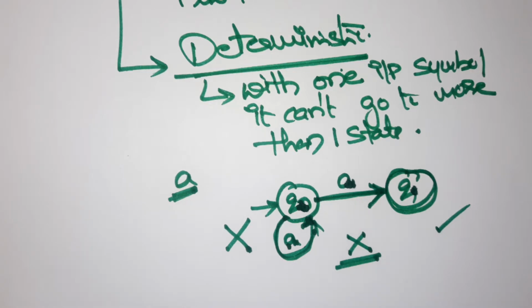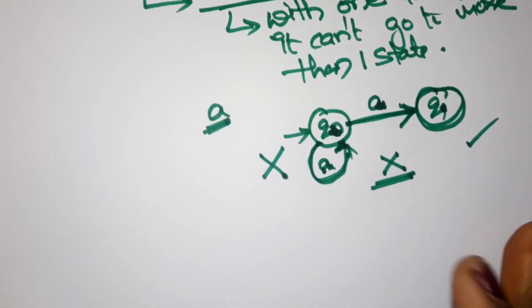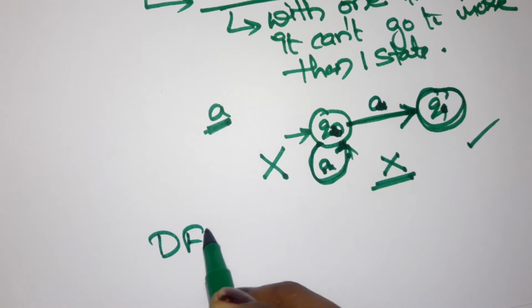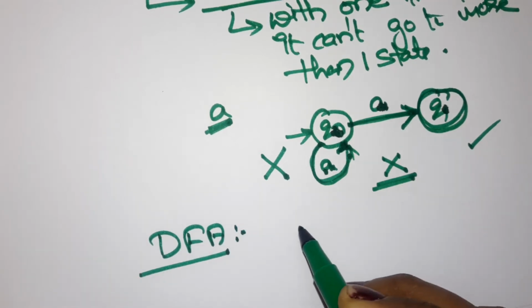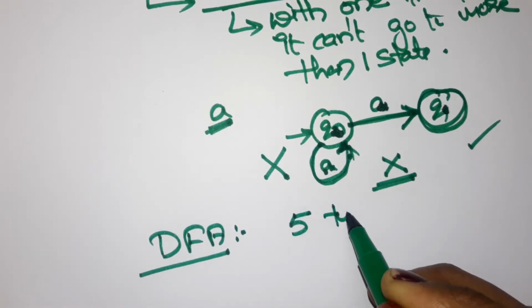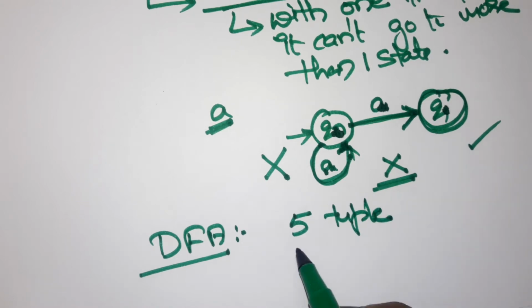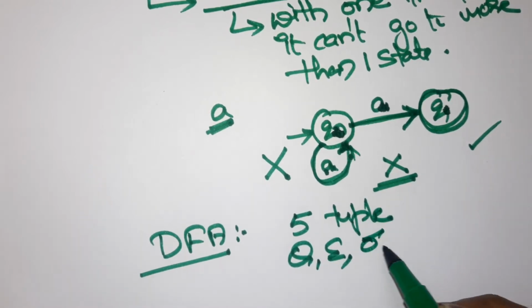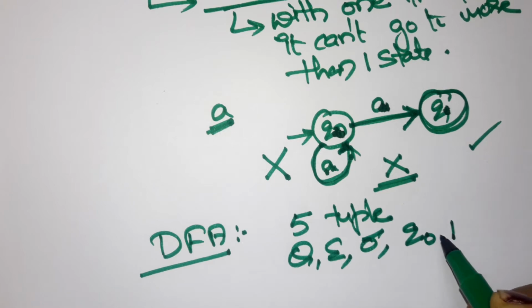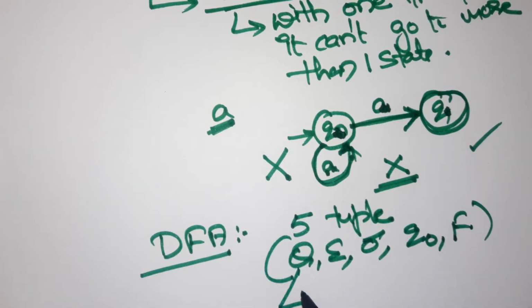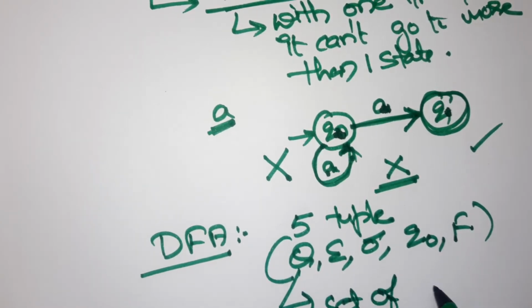Now we will see how we can represent a DFA. A DFA can be represented using the mathematical notation, the same 5-tuple notation: Q, sigma, delta, Q naught, F. Here Q is a set of states.